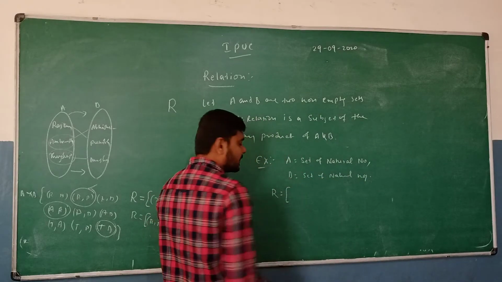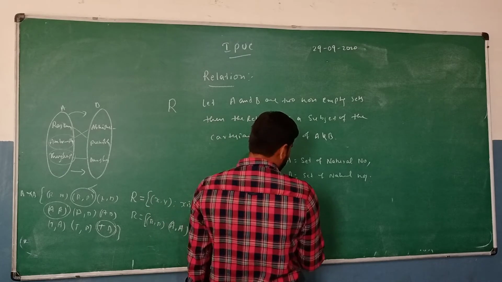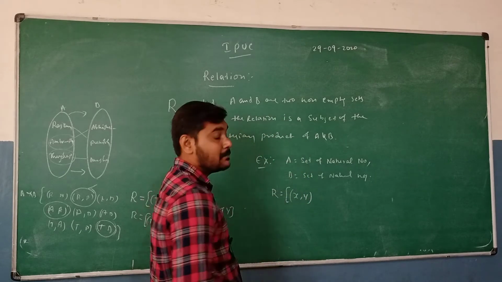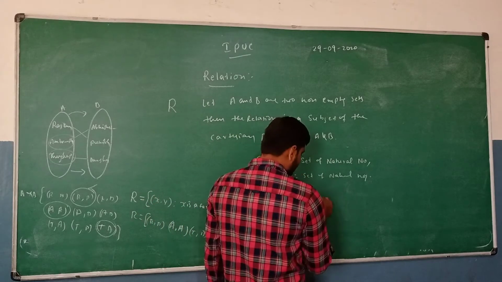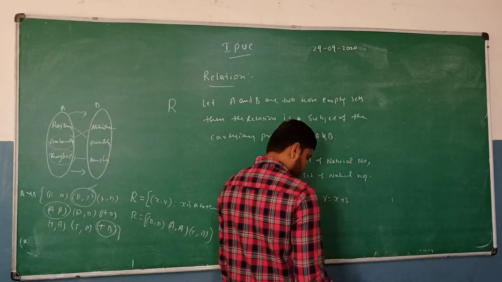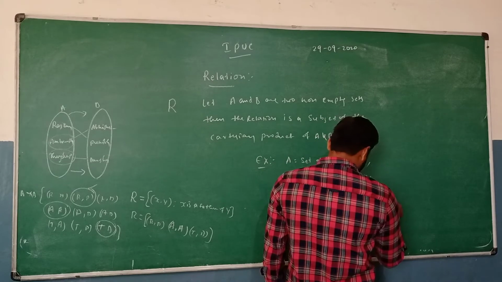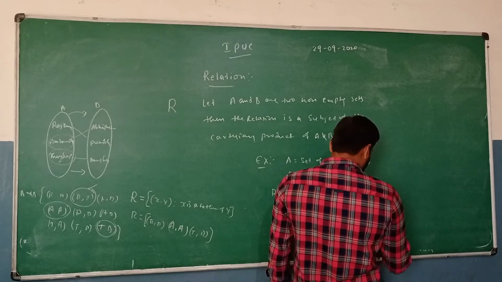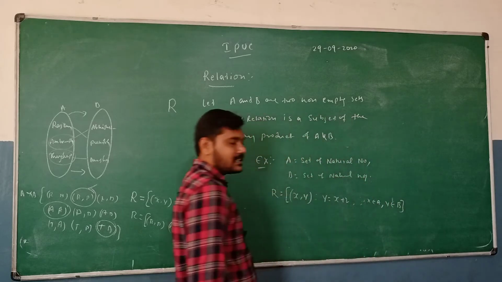I am taking a relation in such a form that x comma y, where x is an element of A and y is an element of B, such that y is equal to x plus 2, for all x belonging to A and y belonging to capital letter B. This is how we are building the relation.